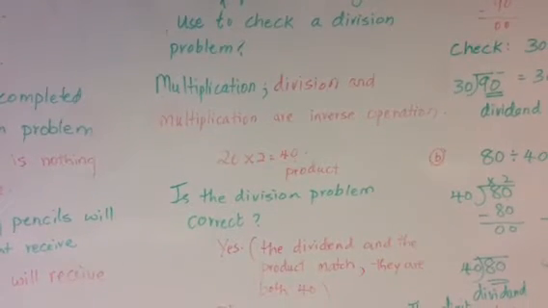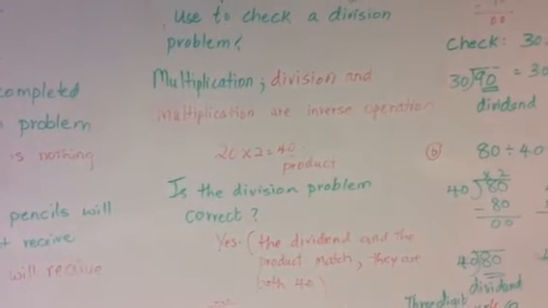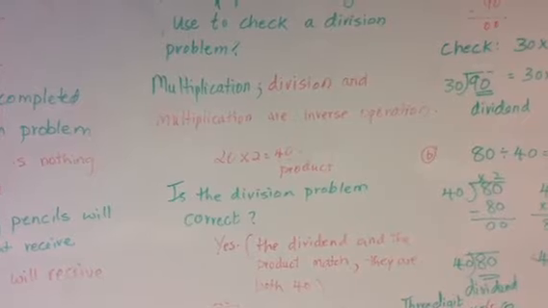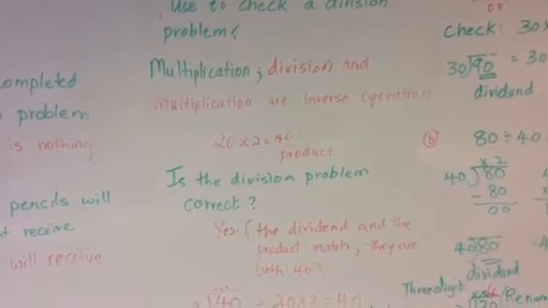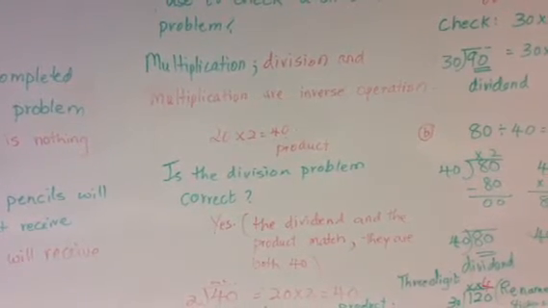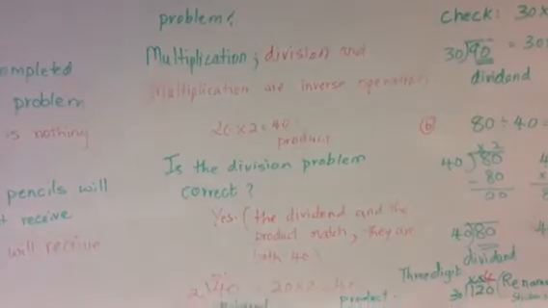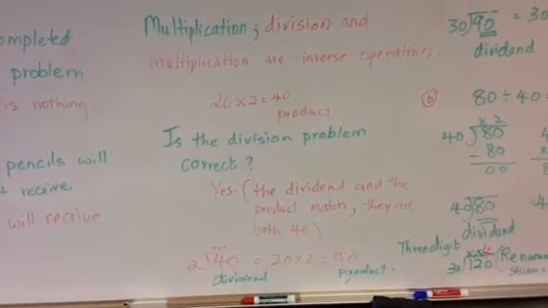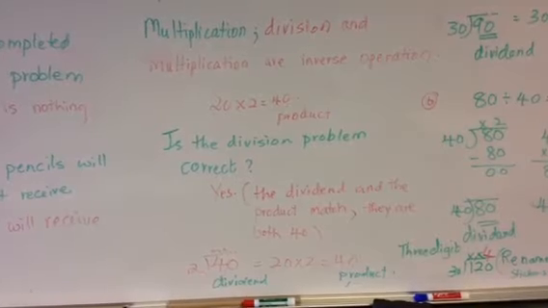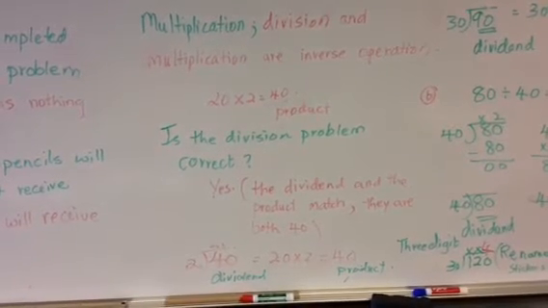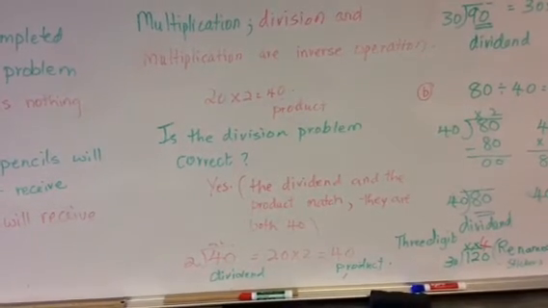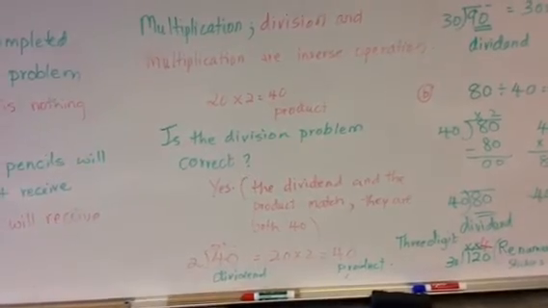So we can figure out if our answer is right by multiplying the quotient by the divisor. That is why they say division and multiplication are inverse operations. If you look at the question, 40 is the dividend, and 20 times 2 is 40. The product is 40. So the answer is correct.